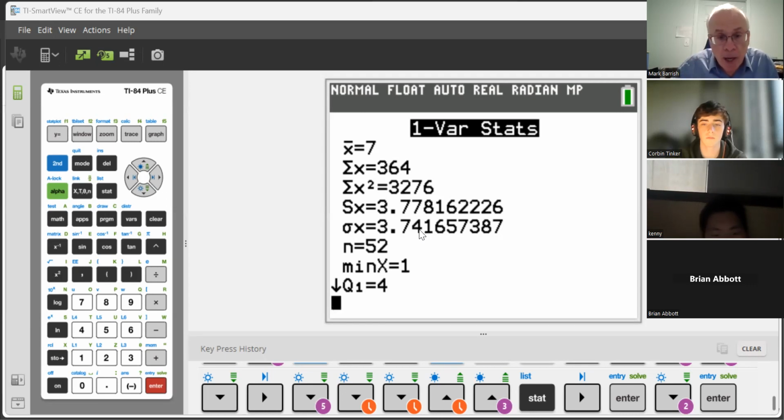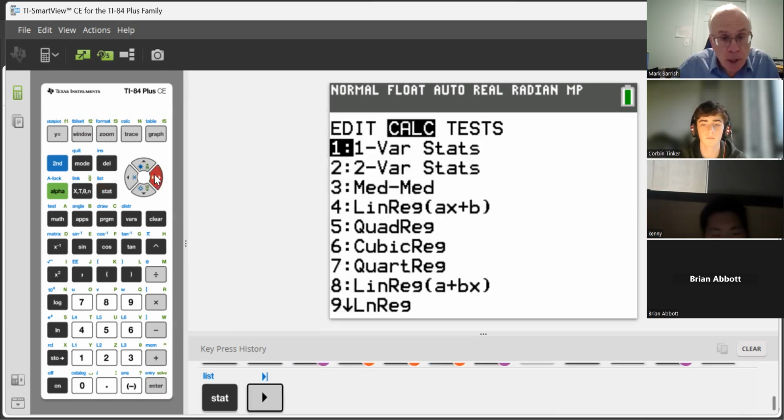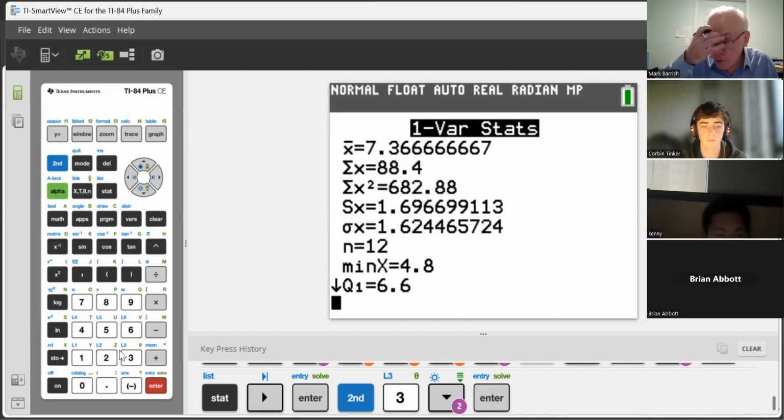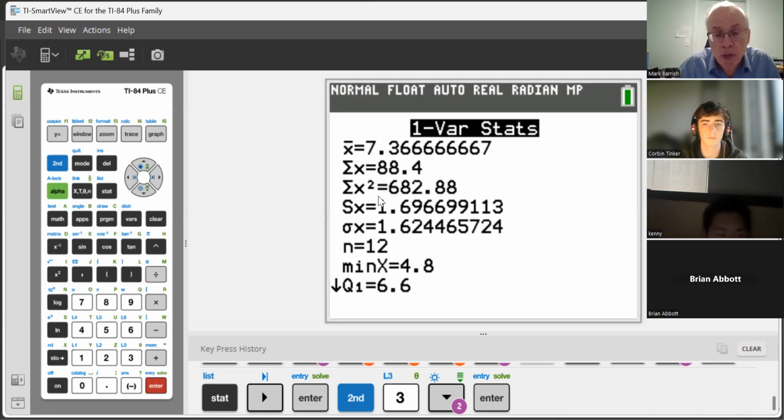All right. Now, even though we have an incomplete sampling distribution, I'm going to show you. Let's go back to stat and show you what the numbers are for the sampling distribution. This time we know it's in L3. That's where I put it. Put L3 there. Scroll down, hit enter. And you saw this last time. The mean was 7.367, which, by the way, is pretty close to the mean of 7 for the population. It would be surprising, given this is an incomplete sampling distribution, if the mean of the sampling distribution were equal to the mean of the population.